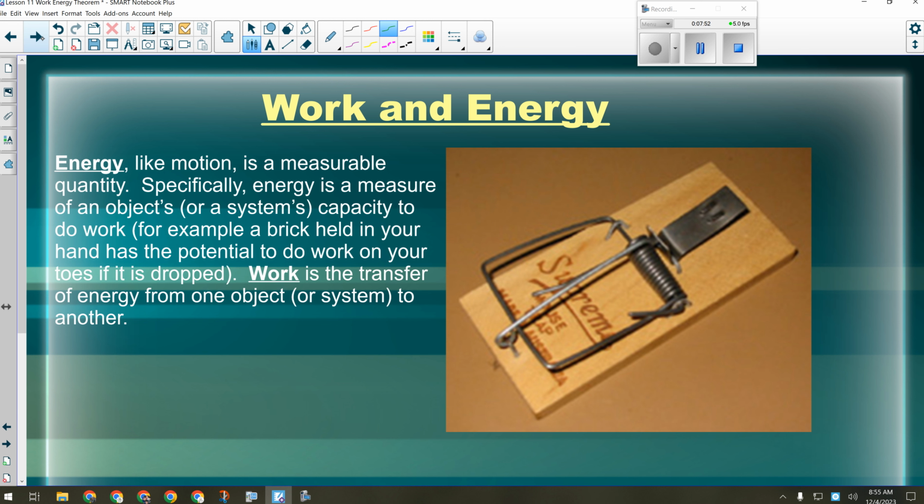All right, so a definition here, an important one for you to know. Work is the transfer of energy from one object or system to another. And energy is the ability or capacity to do work.